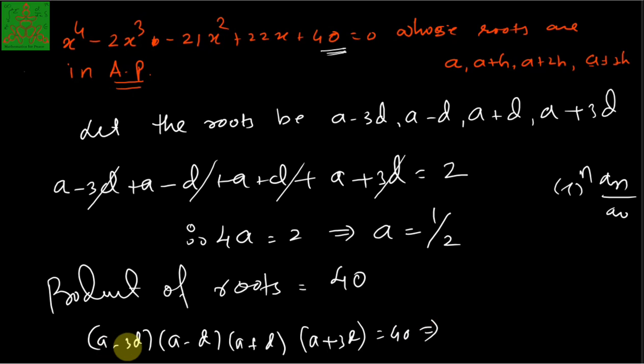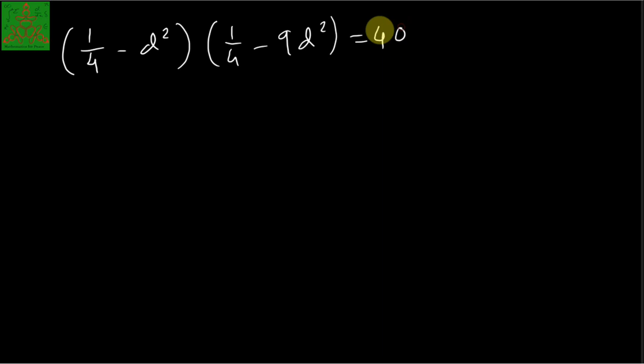So this gives you a square minus d square and a square minus 9d square equal to 40. The value of a is 1 by 2, so if I substitute that value here, then this is 1 by 4 minus d square into 1 by 4 minus 9d square equal to 40.